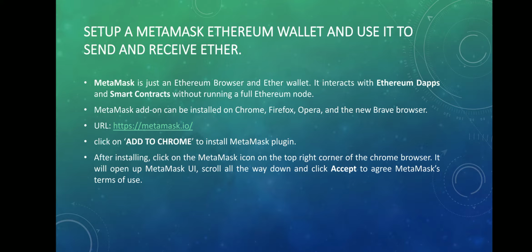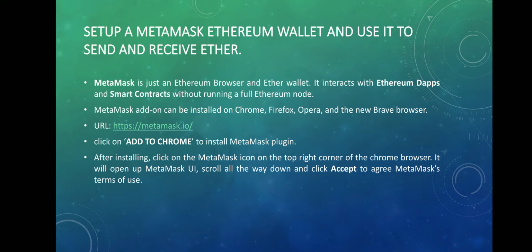MetaMask is like a plugin to your browser. After installing, you need to click on the MetaMask icon, which will be available in the top right corner of the Chrome browser. It will open the MetaMask user interface.